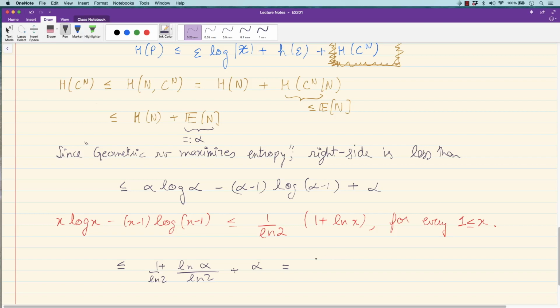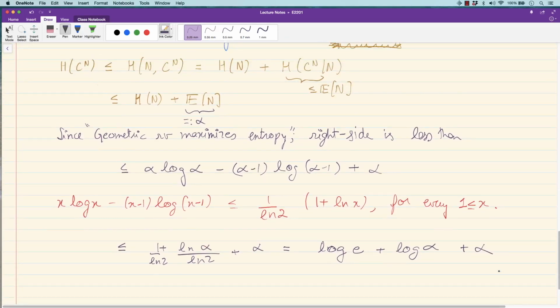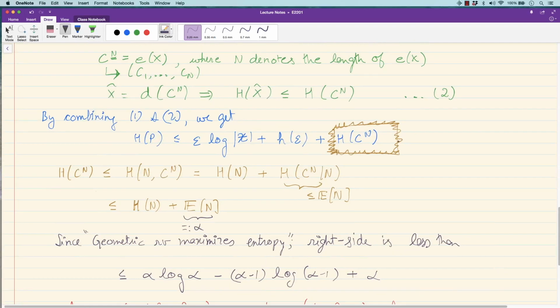This is equal to, again, 1 by ln 2 is by the way log e, and ln alpha by ln 2 is log alpha, and log alpha is log expected value of n. So I just keep it as log alpha plus alpha. Okay, so this is the upper bound for this yellow term here.